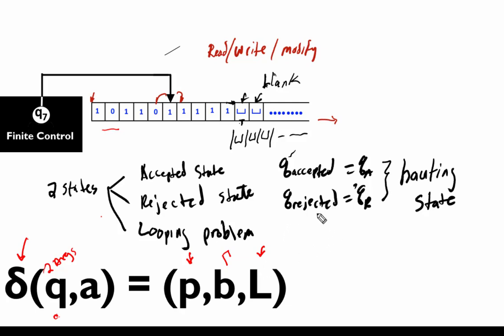If you want to do this in mathematical notation, we can say delta: Q cross gamma yields Q cross gamma cross the direction.